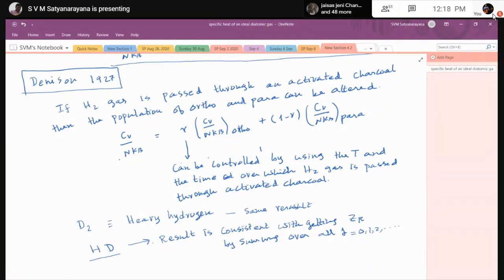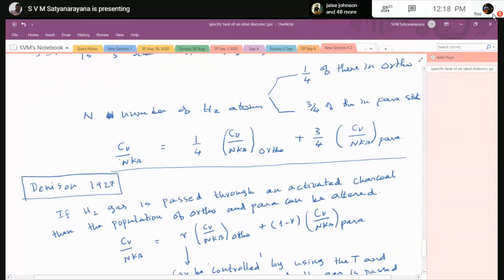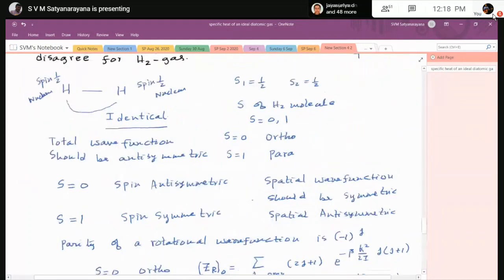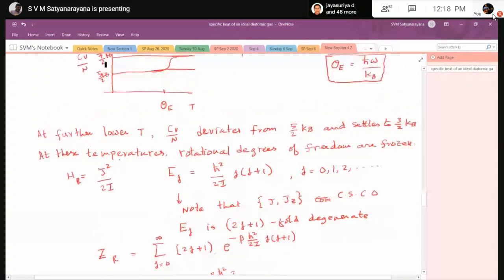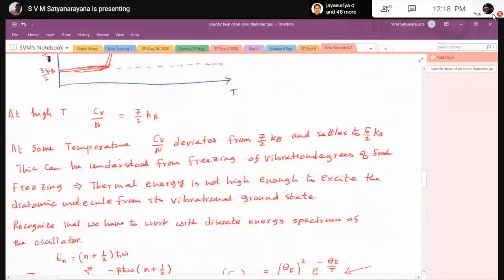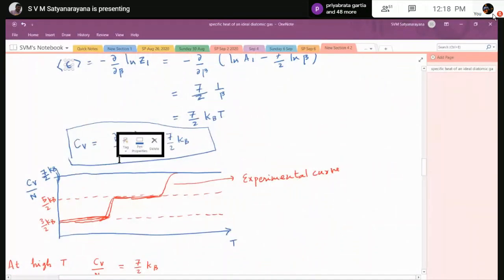Okay, so this is a very nice problem where we started with classical theory, and then we found that the freezing can be understood only when you bring in quantization of the energy levels.